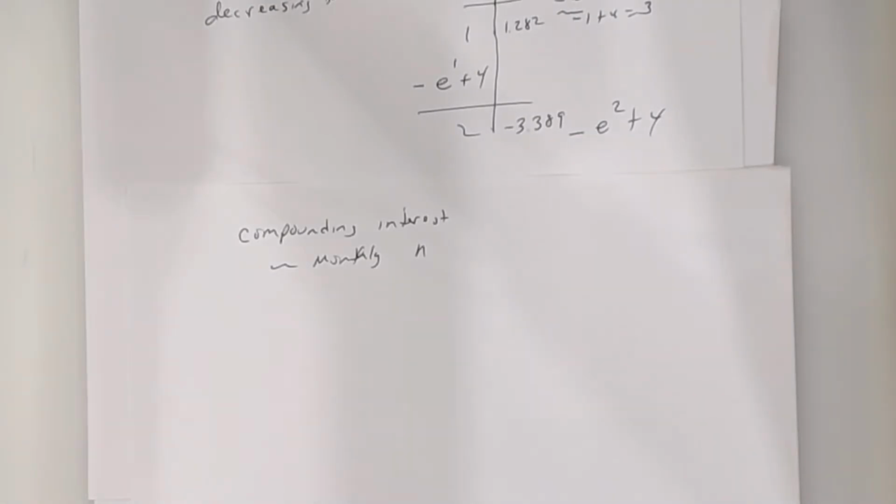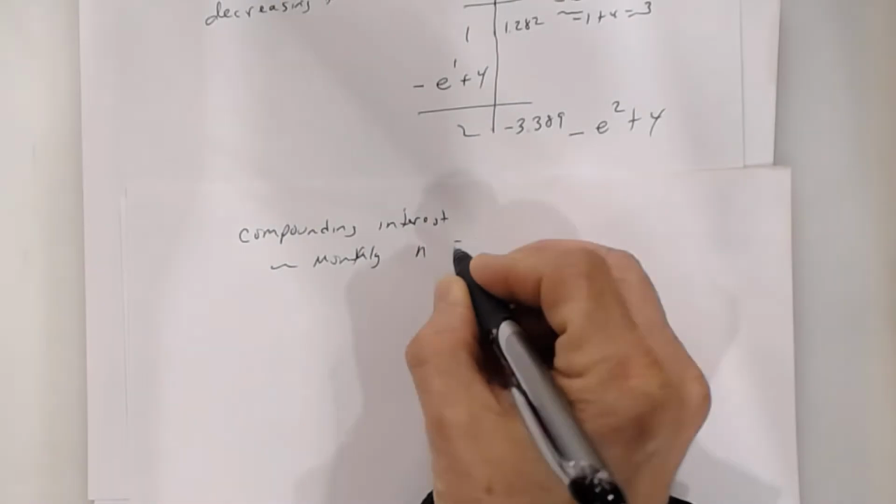So I'm going to use N. So that's the number of times, guys, that's the number of times it's being compounded. So if your interest is being compounded monthly, that means how many times a year? 12. So N is 12.